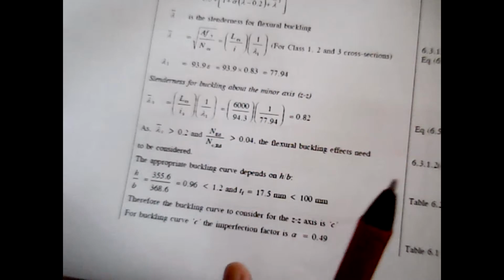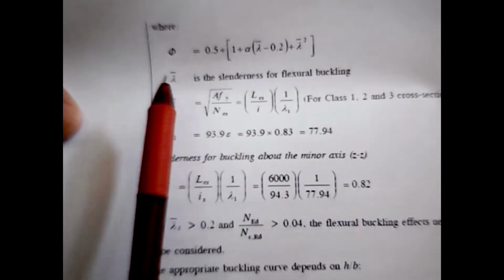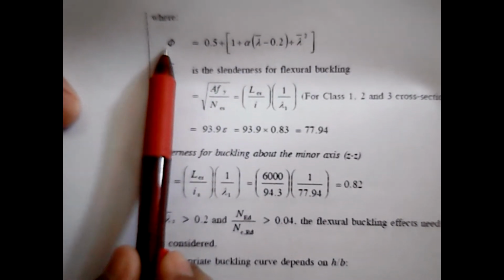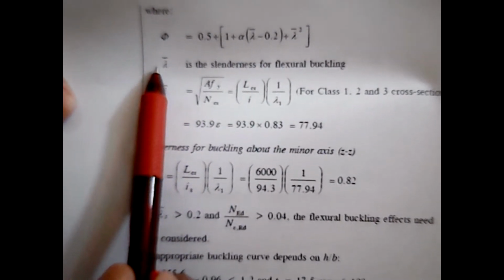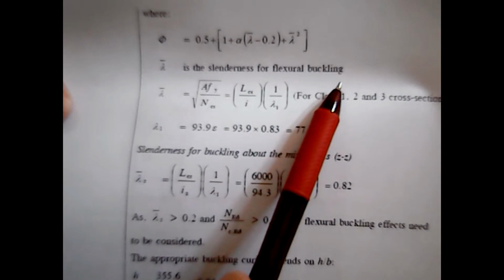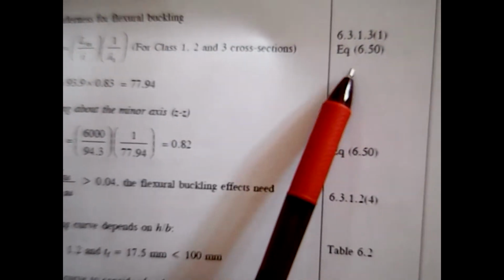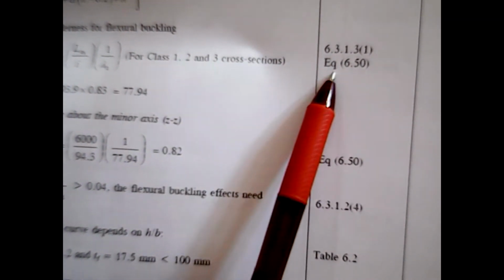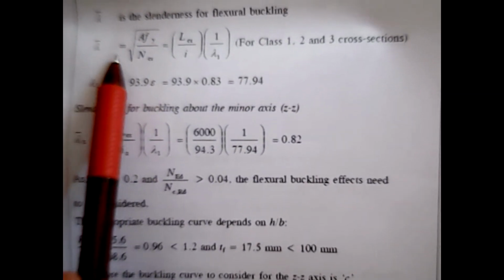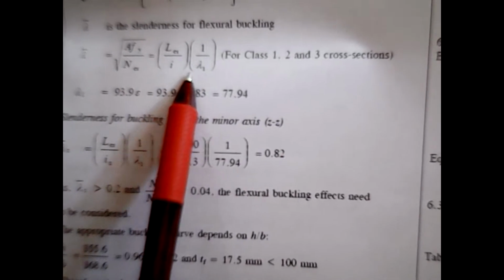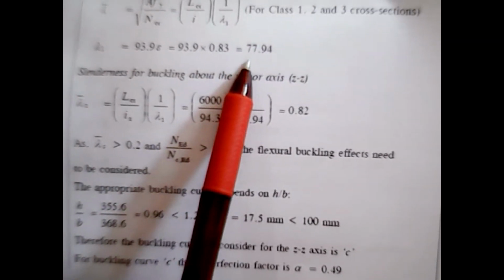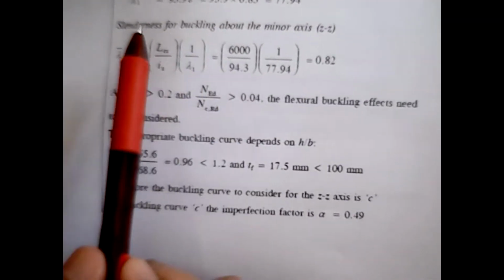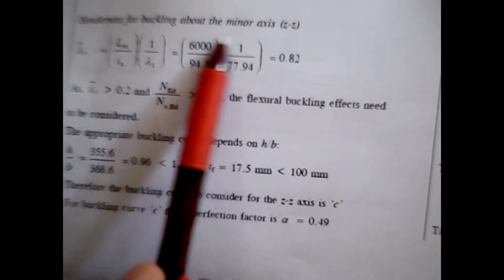If you look at the next page, phi is equivalent to this parameter, as I explained earlier, and lambda bar is the slenderness for flexural buckling, where you can get it from equation 6.50. Lambda 1 is 77.94. So this is the slenderness for buckling about the minor axis.